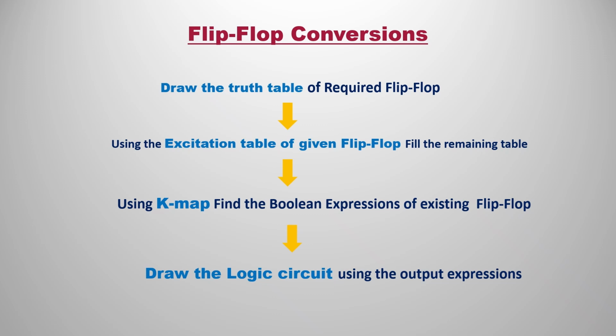Then we draw the excitation table of the given flip-flop, the SR flip-flop. Then we make the K-map and group the terms to get the output expressions of S and R. Finally, we draw the output logic circuit.